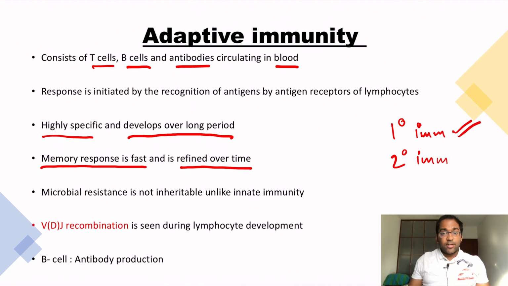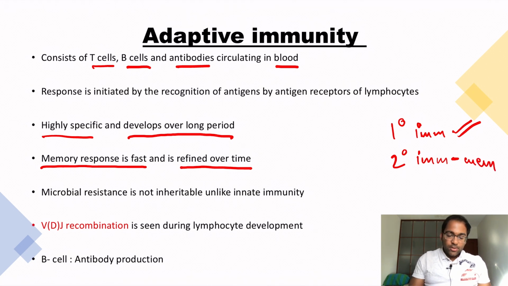Now when we have the second encounter with the same antigen, the memory cells which are already present in our body will help the adaptive immune system to recognize the antigen quickly, and that will lead to the quick killing of the pathogen. That is why I say that the secondary immune response largely depends on the memory cells.